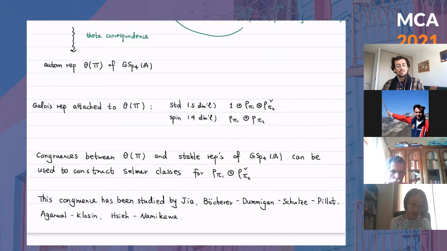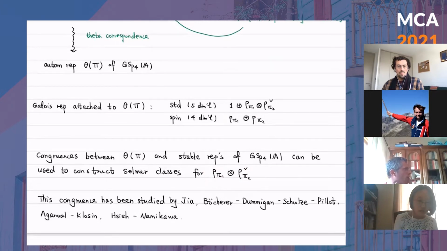This congruence has already been studied by several authors like Jia, Bocherer, Dummigan, Schulze-Pillot, Agarwal-Klosin, and Hsieh-Namikawa. They considered the congruence of the Yoshida lift and other forms, and then tried to deduce some cases of the Bloch-Kato conjectures for this tensor product under certain assumptions.